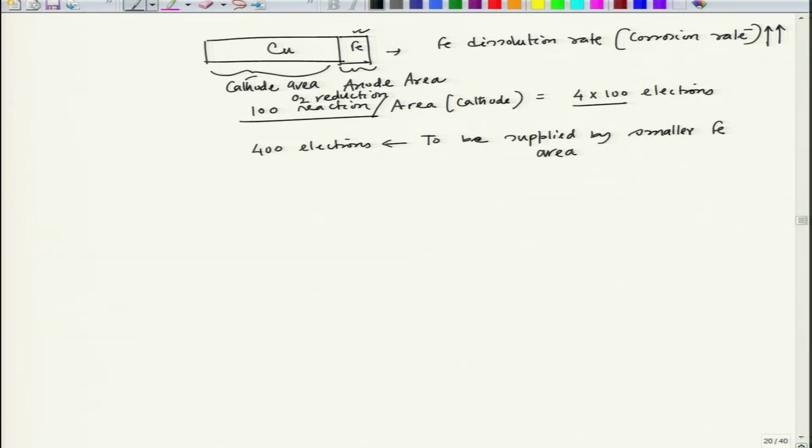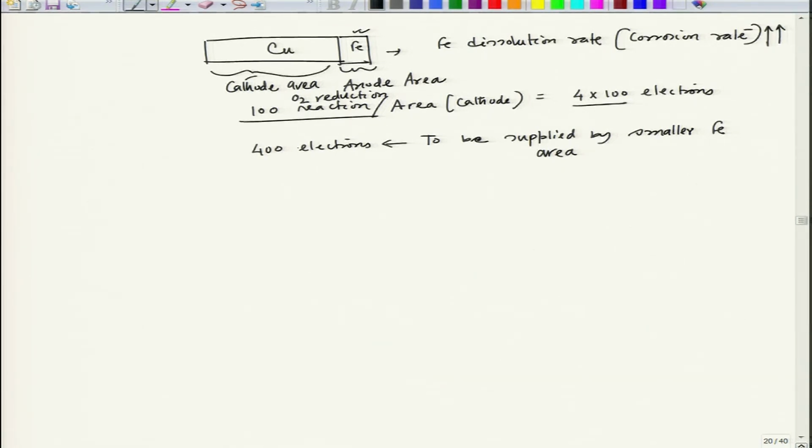So, that means had it been equal area, the 100 reactions happening over an area of, let us say, 10 centimeter square on the copper surface, the same 100 reactions are taking place, 100 not 100. So, it will be 200, because for the iron oxidation we need 2 electrons to be taken out. So, that means 200 reactions need to take place on the 10 centimeter square iron surface.